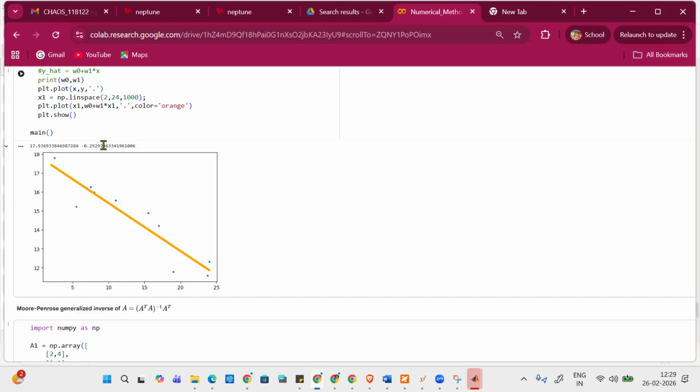From the regression curve itself, you will know that. Here, W0 plus W1x. What is W1? It acts like a slope. Like mx plus c, W1 acts like a slope. And W1 is negative here. The slope is negative, so it cannot make an acute angle. It has to make an obtuse angle. Are you able to match things?